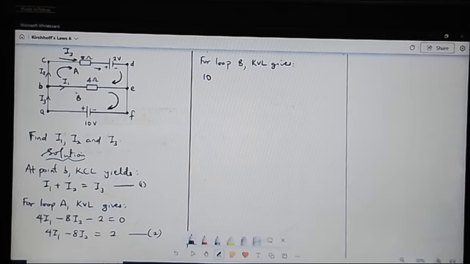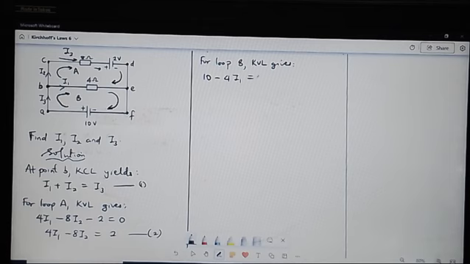So we have that 10 minus 4I1. Why did we say minus? Because we have chosen a clockwise direction and I1 is moving in the same direction as our assigned direction. So 10 minus 4I1 is equal to 0.